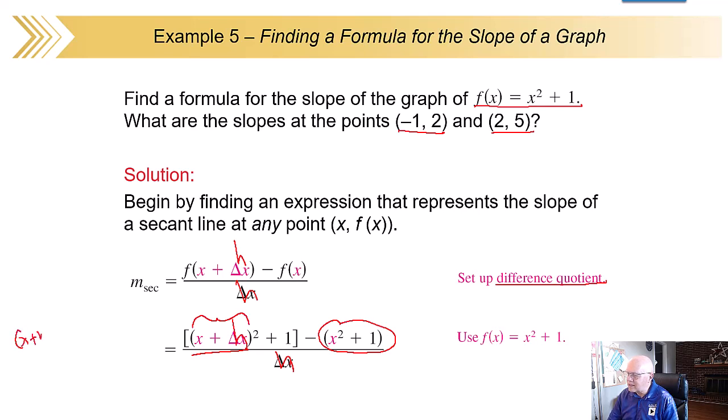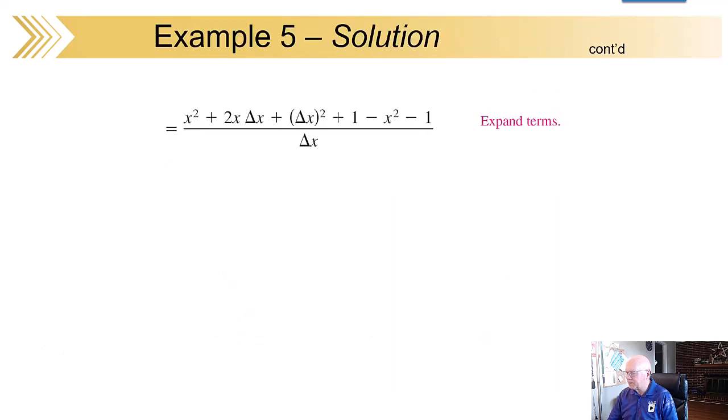X plus h, that's a binomial, square it, x squared plus 2xh plus h squared. Plus 1, and we're going to subtract the original. Here's what it looks like, and in your notes you might want to put h's here instead.